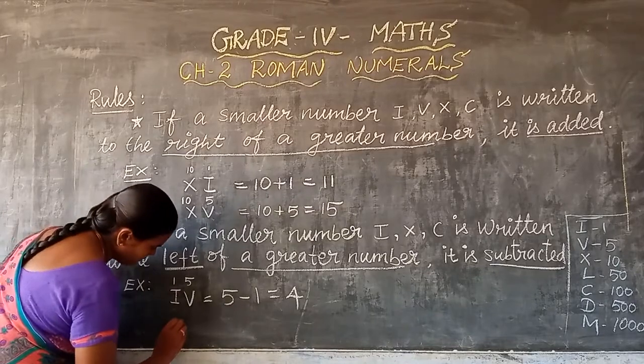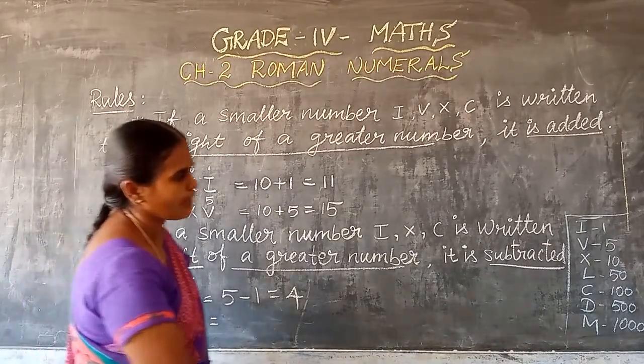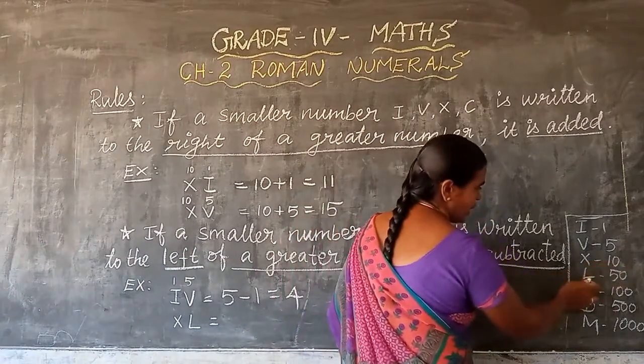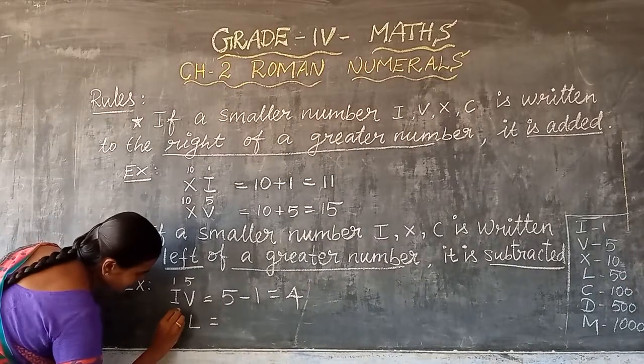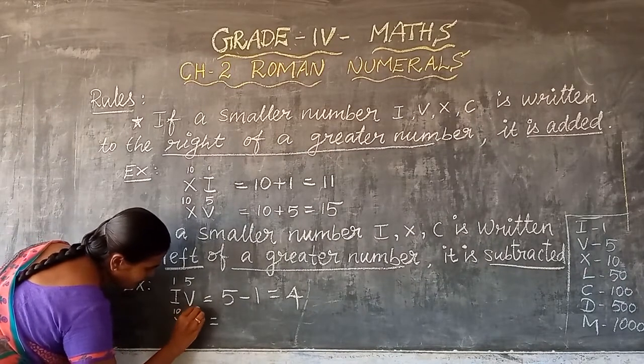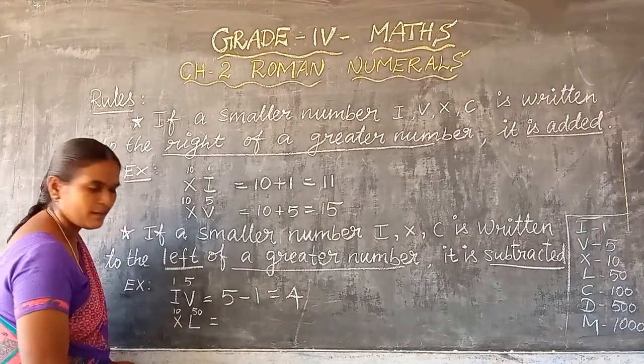Another example. XL. What is the value of X? 10. Value of L? 50. Here which one is the greater number? X or L?